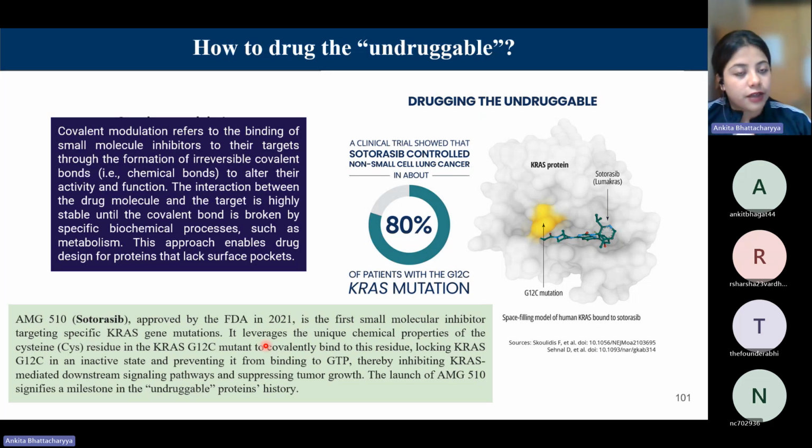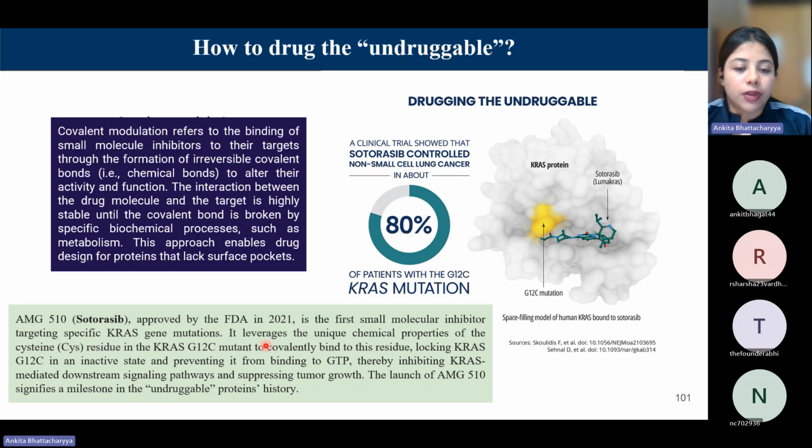What advantage does it give you? The most obvious answer is that it is only able to bind to the mutant protein and not the normal one, which gives it a huge advantage. You are cutting down the chances of any non-specific or off-target effects to a huge extent, because only if the mutant is present will my drug actually bind.